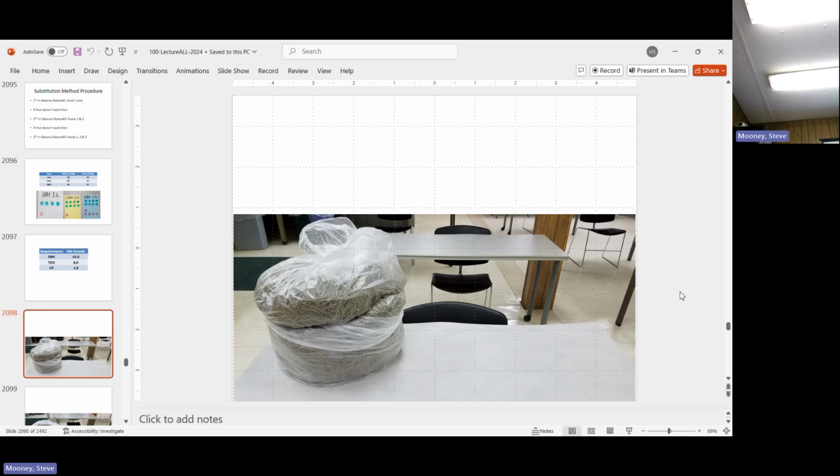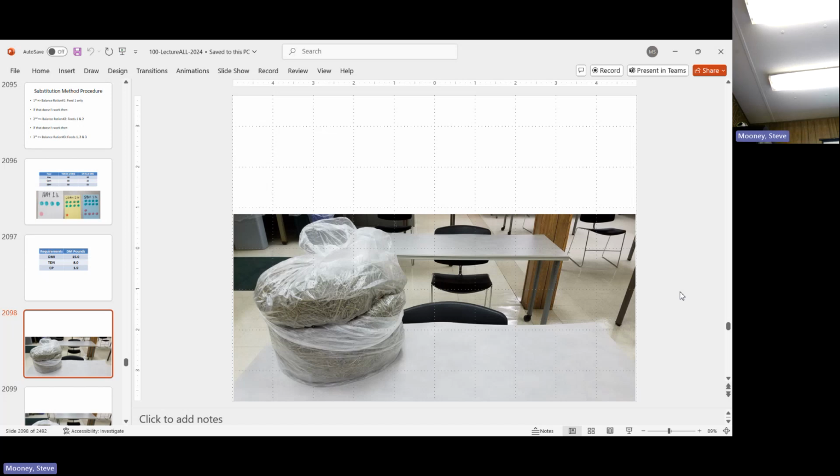How many pounds of TDN do I have in 10 pounds of hay? 10 times 40% or 0.4 gives us 4 pounds. I got 4 pounds in here.